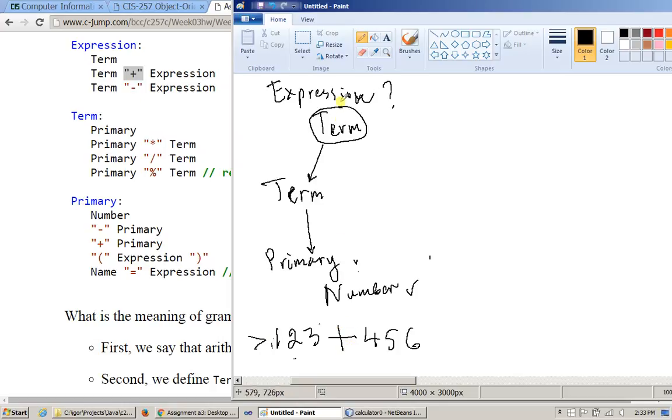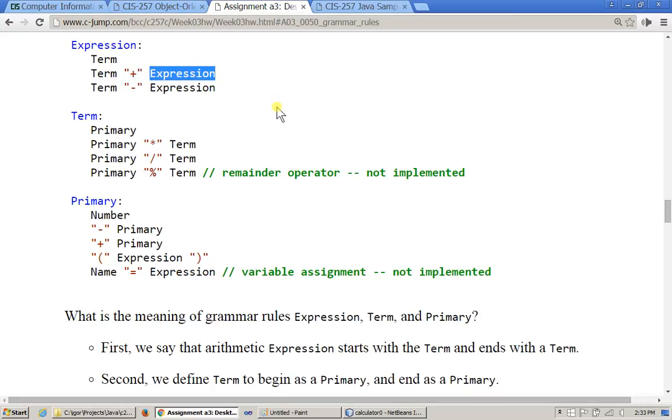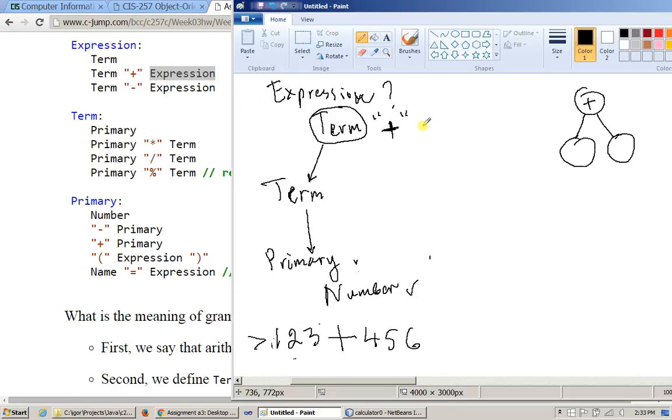So this plus will be actually consumed at the expression level as a symbol. And of course the signal for us to construct this node, which will have left and right type of thing. And it should be followed by another expression. In that sense, we basically just go and call ourselves and say, is there another expression?